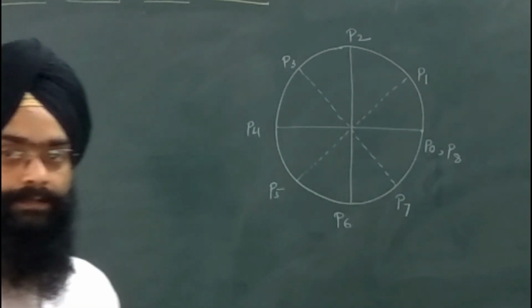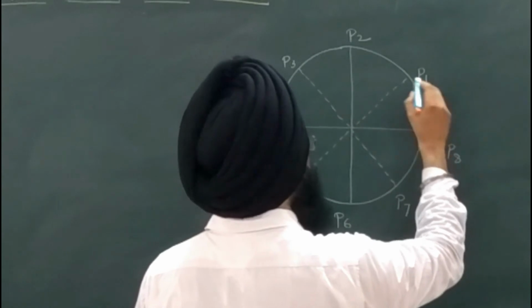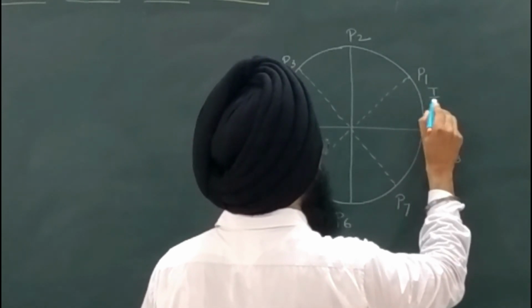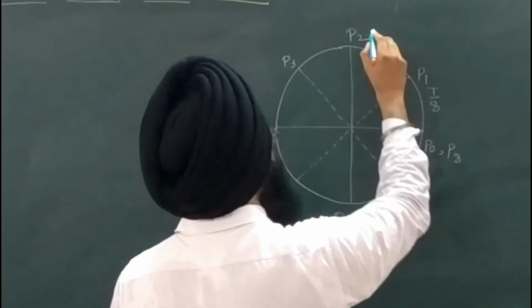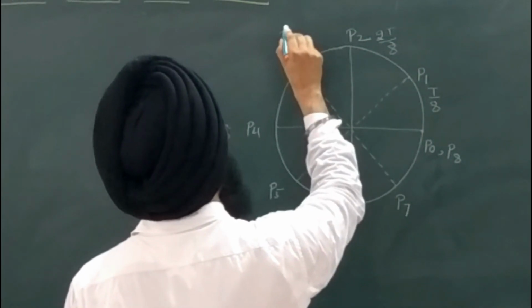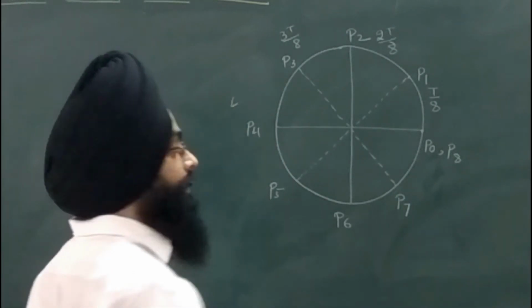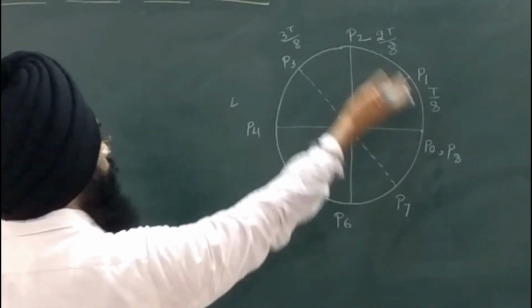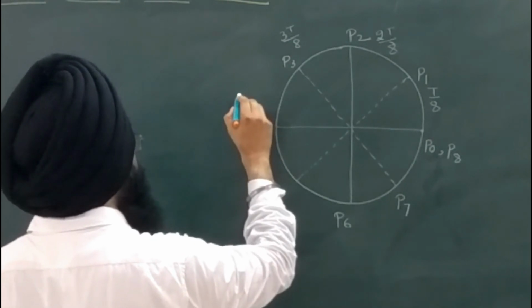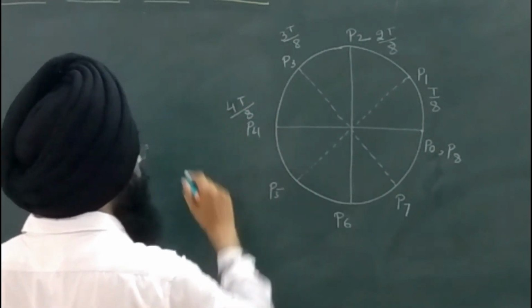So we have divided these sections in 8 equal parts. Every section gives the time period of T/8, 2T/8, 3T/8, 4T/8, which means up to here the circle is half, so 4T/8 means we have T/2.